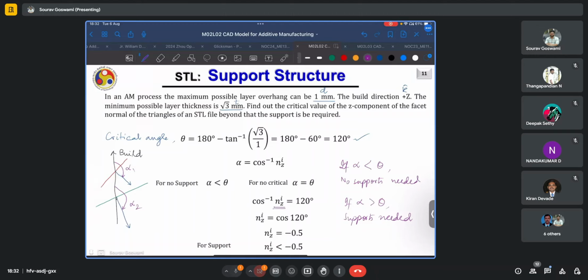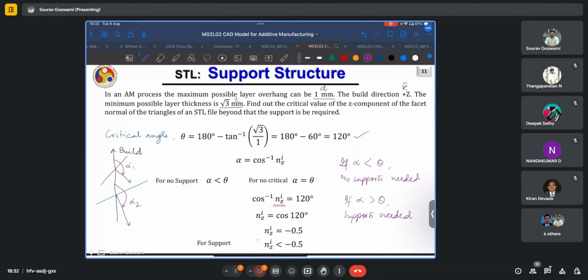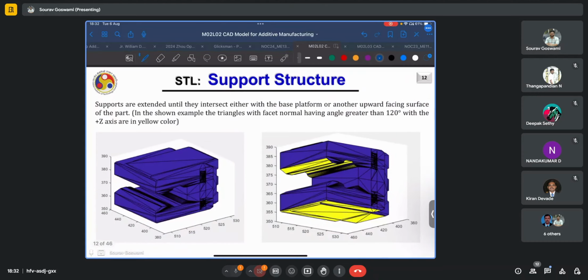For all cases where it is beyond this, supports are needed, which is shown here. This is also highlighted for this complex geometry shown here. All the regions highlighted in yellow are the ones which will require support.